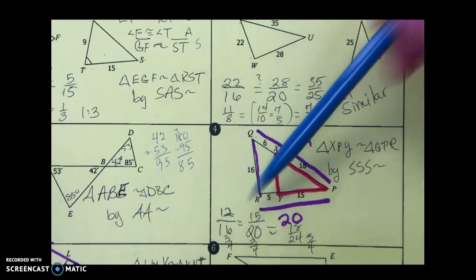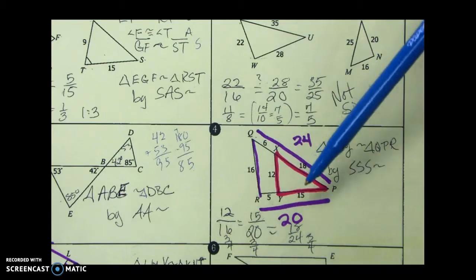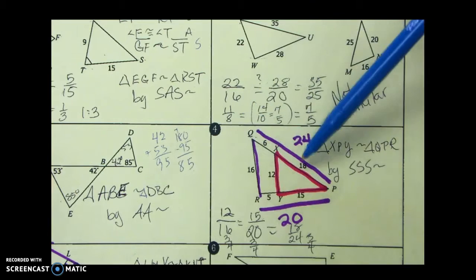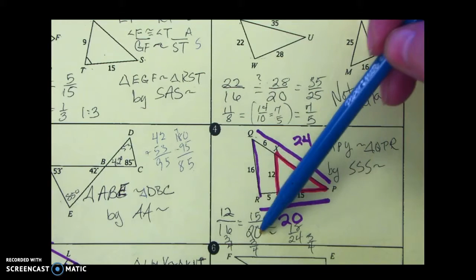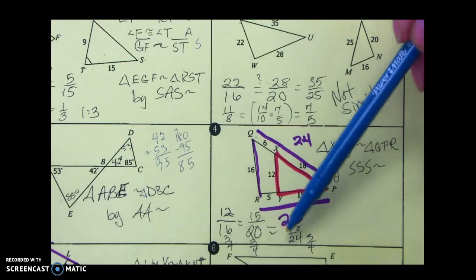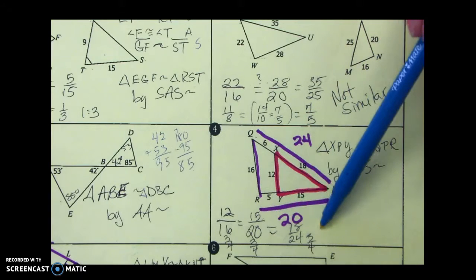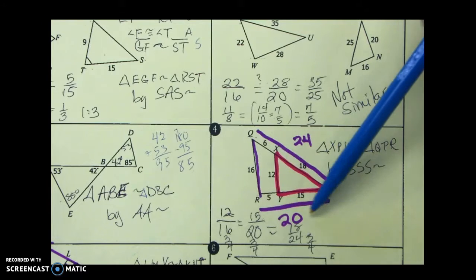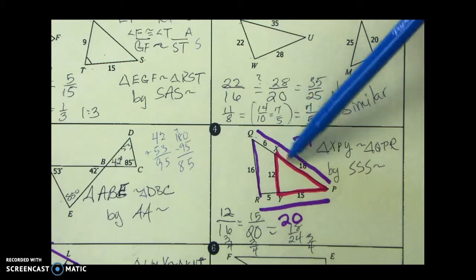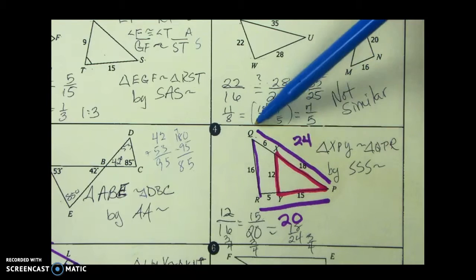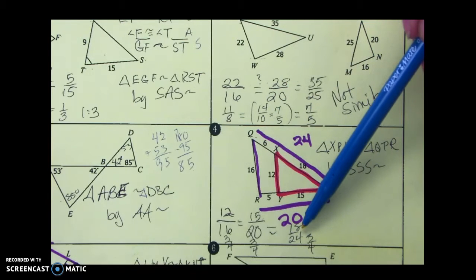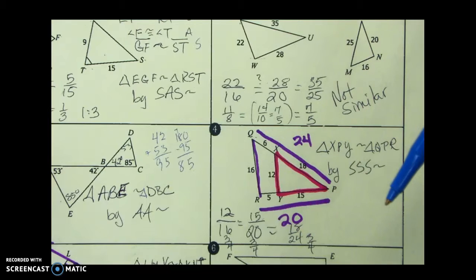So I have 12 over 16, this over this, is equal to, and I've got to set all 3 of them up, 15, this side, over the whole thing, 20, which is equal to, and these proportions all have to come out the same, 18, this smaller side here, over 6 plus 18, 24. 18 over 24.